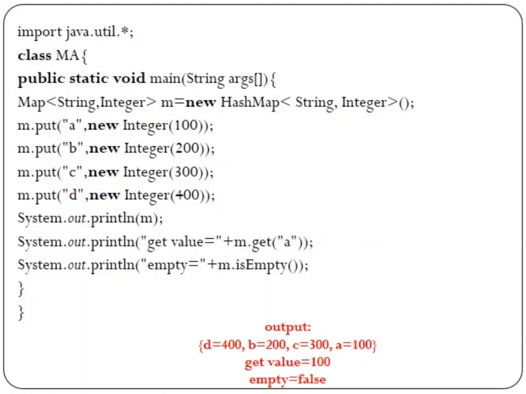Similarly, I can make use of the containsKey and containsValue methods, and the size method can also be used in the map interface. So the methods we discussed in the previous slide can also be applied to the given example to perform its operations. This is a simple example for the map interface.